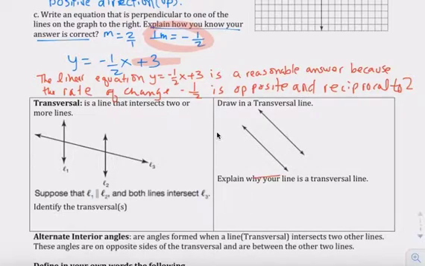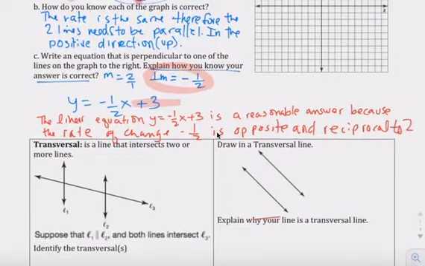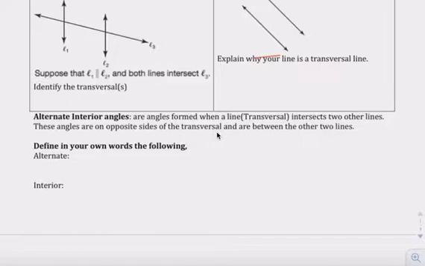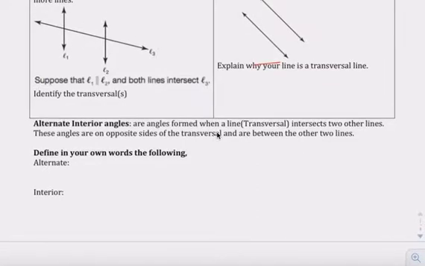If I write smaller, I need to explain that, which is the rate of change of the original equation 2x right here. But I wrote too big. Okay, so make sure you do that.